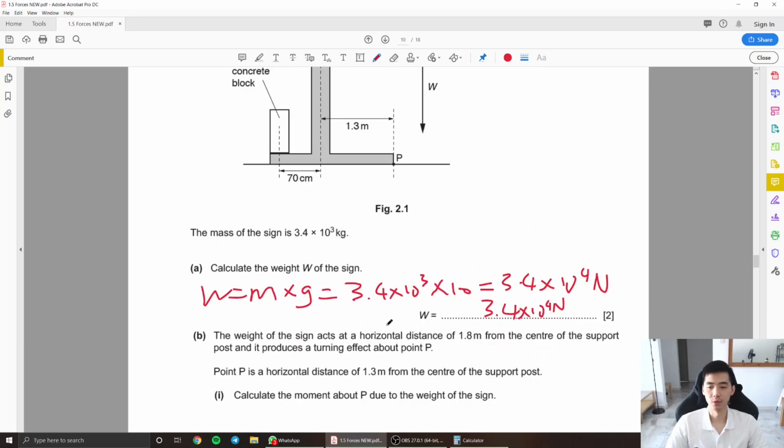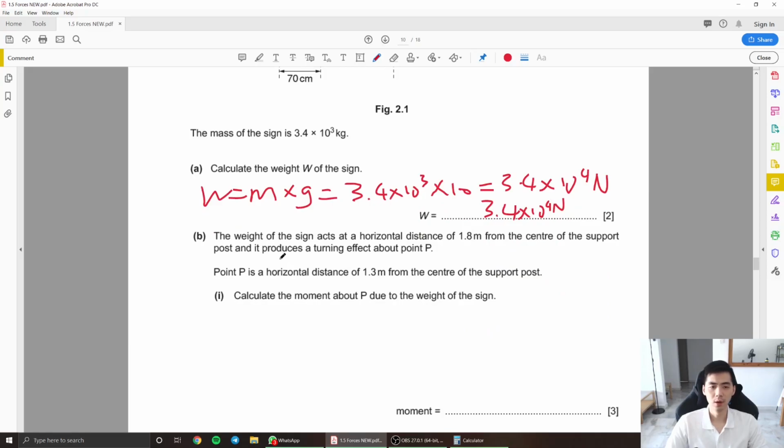God forbid a use of a calculator here. The weight of the sign acts at a horizontal distance of 1.8 meters from the center of the support post and produces a turning effect about point P. Now, keyword here about point P means to say that this is eventually going to become the pivot. P is a horizontal distance of 1.3 meters away from the center of the post.